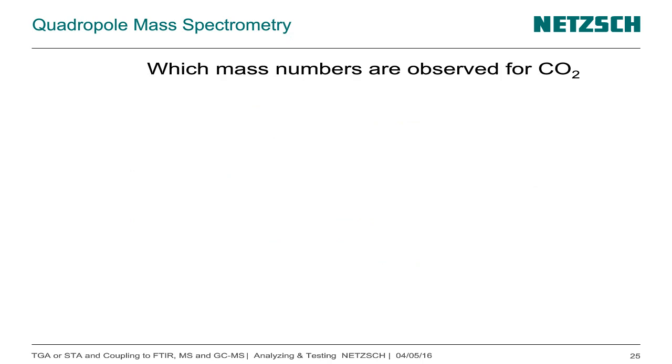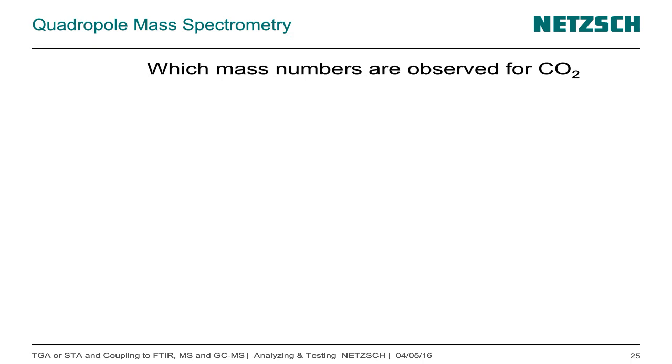I have been 13 years at university teaching people about things like mass spectroscopy and recognizing that people always have, for carbon dioxide, mass number 44 in their mind, but not other mass numbers. So I want now to show you which mass numbers you can observe with a mass spectrometer for carbon dioxide.